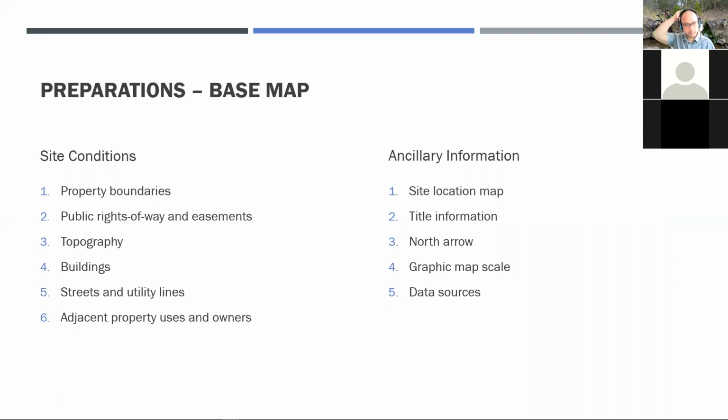The base map typically includes, you might have a clue already, existing conditions such as property boundary lines, public rights of way and easements, topography, buildings, streets and utility lines, both above and below ground, and of course adjacent property users and owners, if possible.